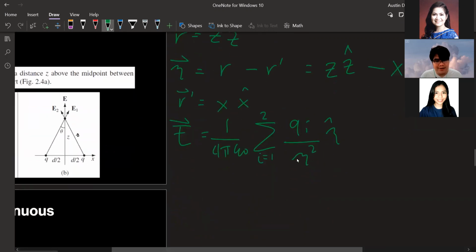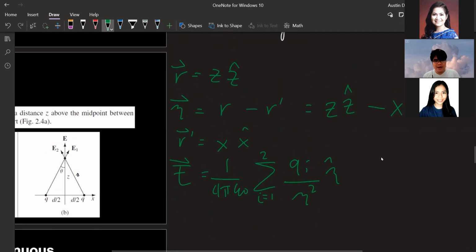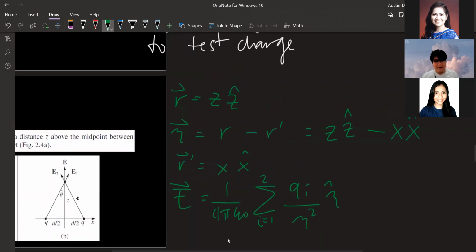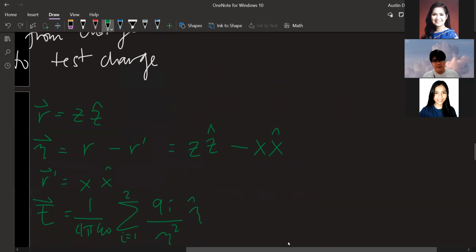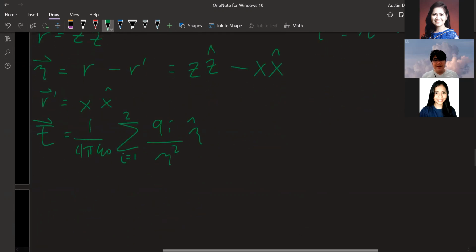Okay guys, so what is curly R squared? Tingnan natin. There are actually a lot of ways to find yung curly R squared mo. Curly R squared is just curly R dotted with curly R. Okay, so pwede mo isipin na ganun.